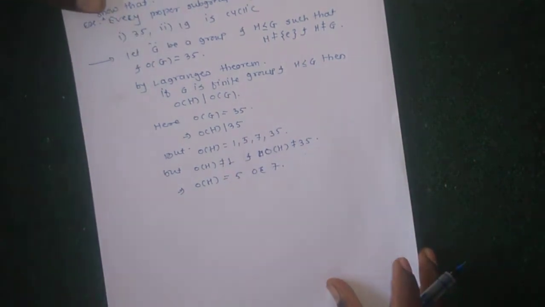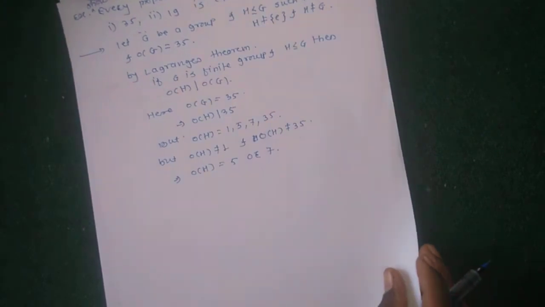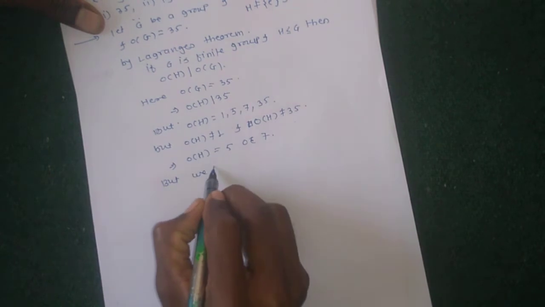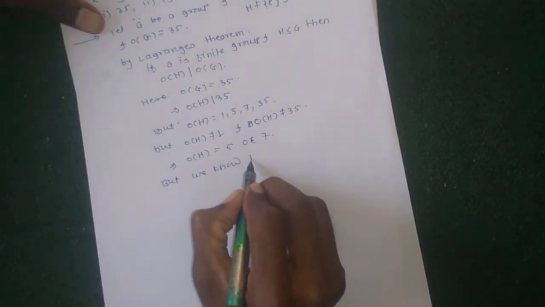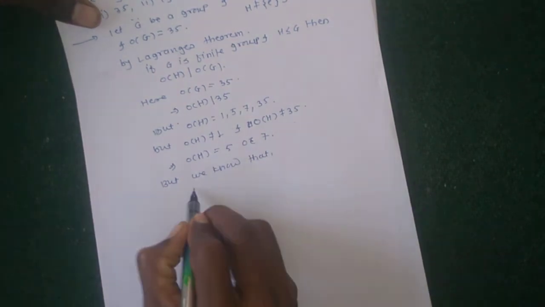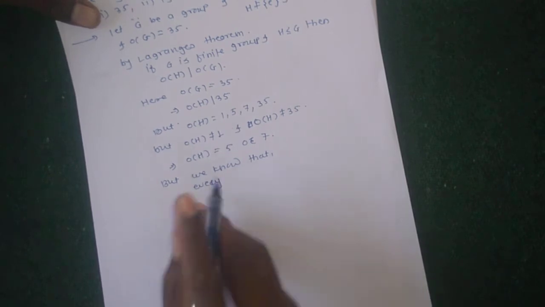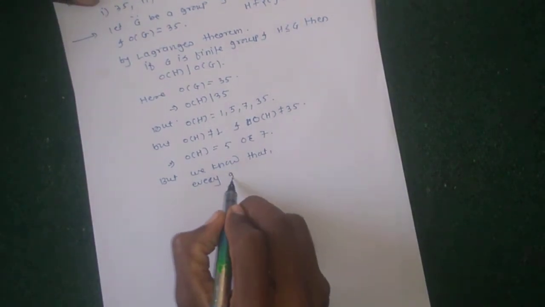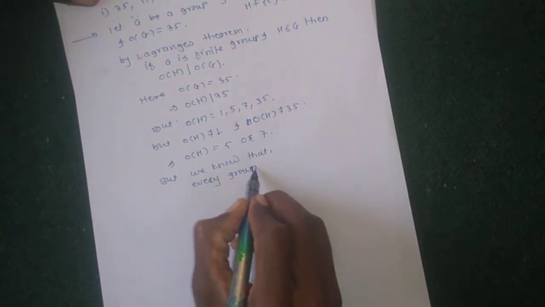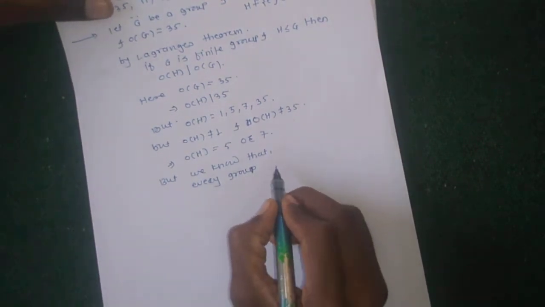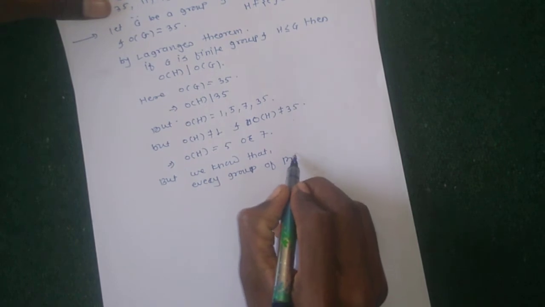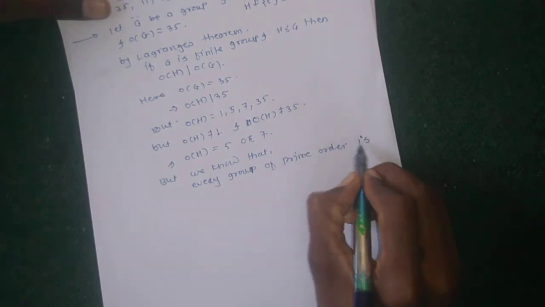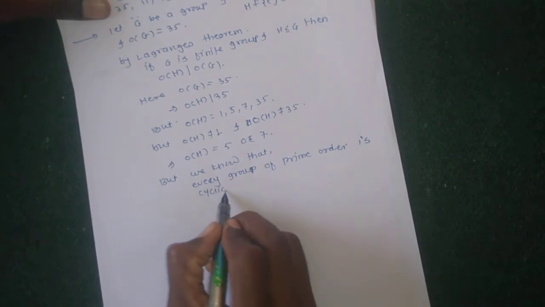Order of H equals 5 or 7, but we know that every group of prime order is cyclic.